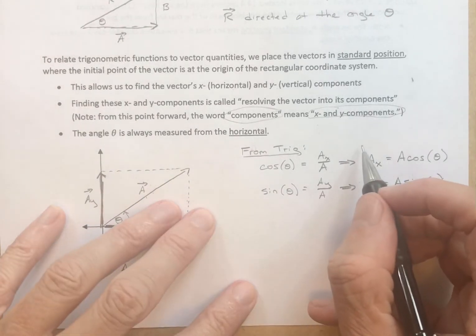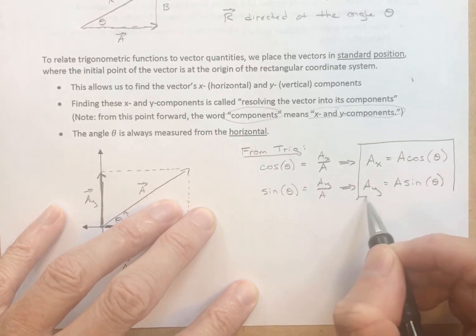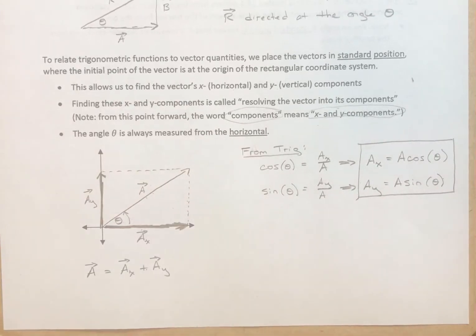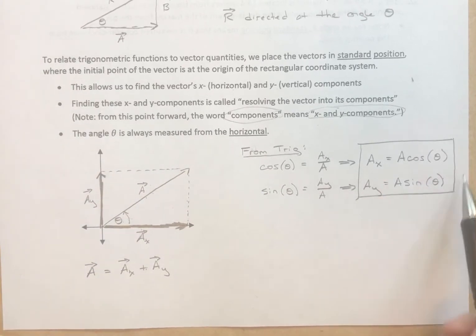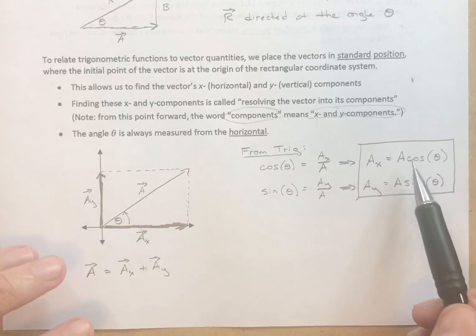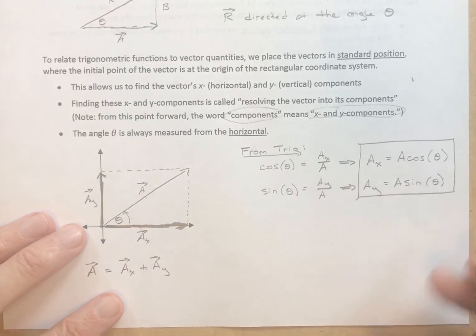This is going to come back time and time again. We may change it to an R or something, but you might put a box around that. We're going to make use of this relationship often when we deal with vectors.